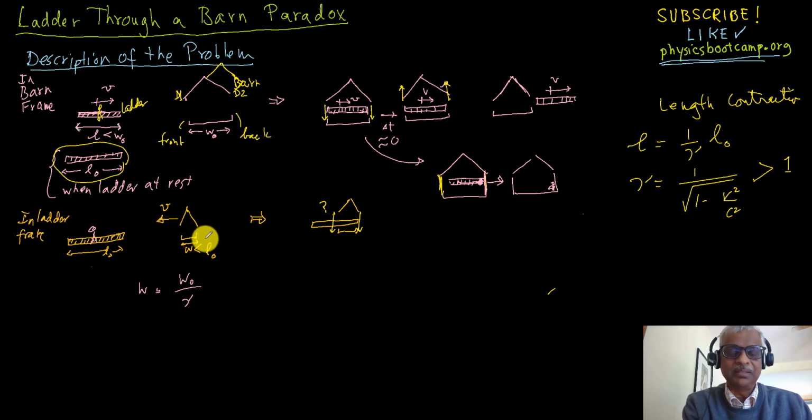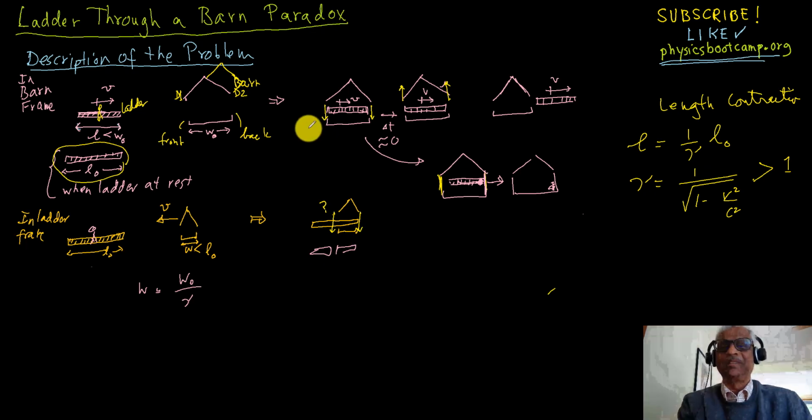It's coming at the ladder, it's smaller than the ladder, and if I shut both doors, the ladder is not going to fit in there. This maybe chops the ladder into one piece, another piece. This is a completely different outcome than over here, where the ladder just goes through.